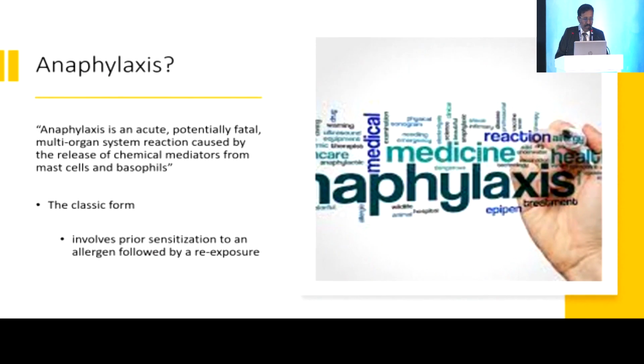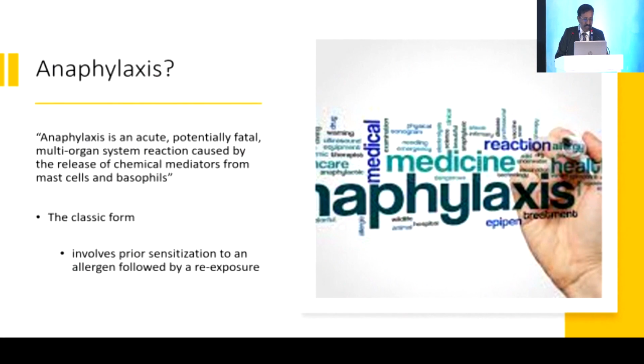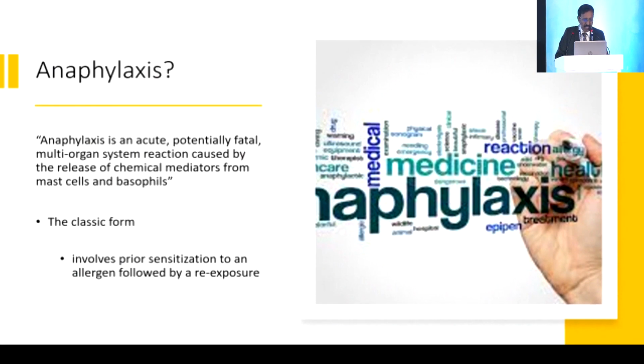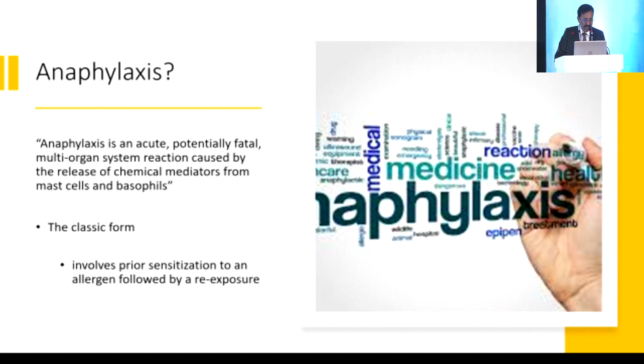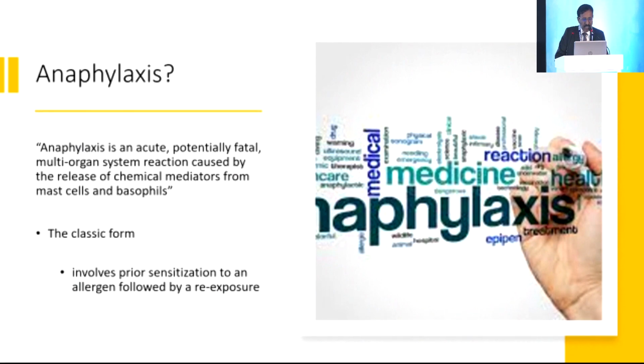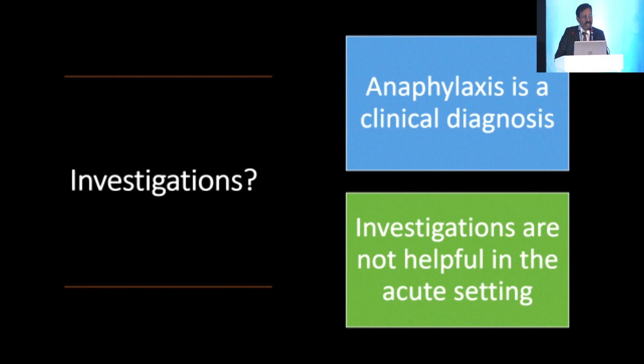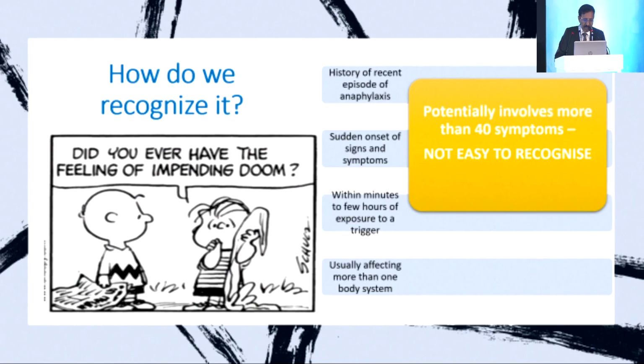This is acute and potentially fatal, and this is the classic form. If there is prior sensitization, it follows after an acute event. There is no need for investigation; you have to act straight away. Anaphylaxis is a clinical diagnosis, and investigations are not going to be helpful in this acute setting.